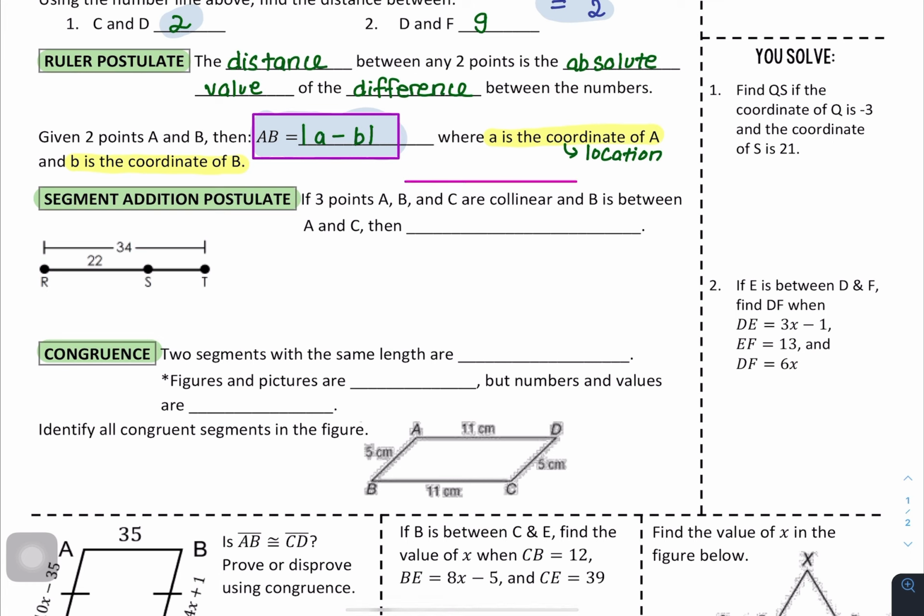So we have 3 points, right? A, B, and C, and B is in between A and C. Okay, this is what it looks like.